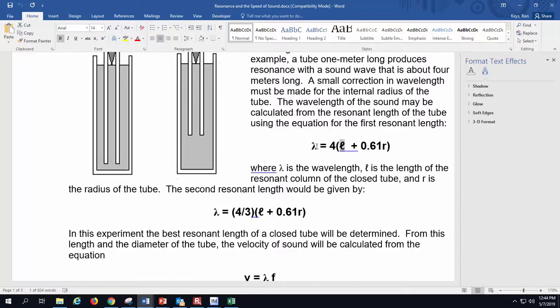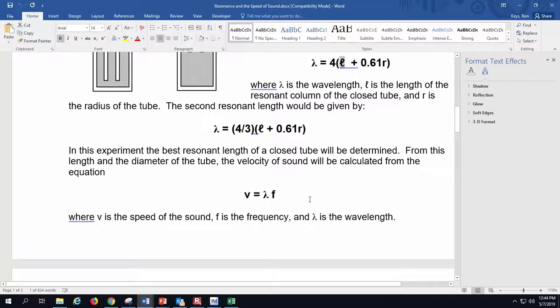So your velocity is going to be based upon the temperature, about 340. Excuse me, we're not going to assume this is 340. You've calculated your wavelength, and you know the frequency of your tuning fork. You're going to multiply the wavelength by the frequency of your tuning fork, and you should get close to 340.